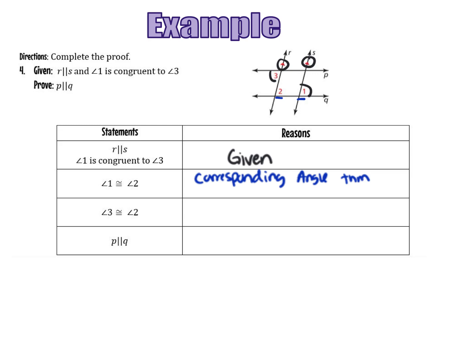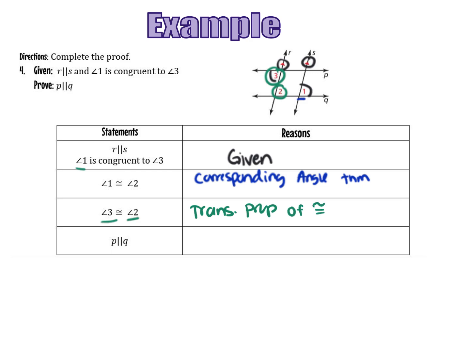Then we can say that angle 2 must be congruent to angle 3. Well, we said 1 is congruent to 3 and 1 is congruent to 2, so 3 is congruent to 2. That is the transitive property of congruence.